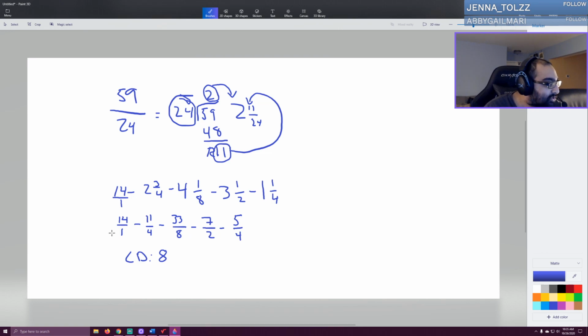So we can multiply each one by the respective numbers. The first one we multiply by 8. Multiply this next one by 2. This one we can leave alone because we have 8 already. This we multiply by 4. And this we multiply by 2.